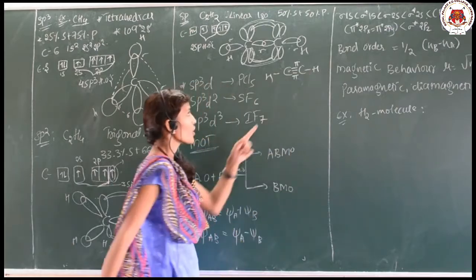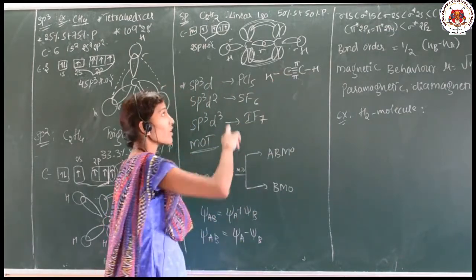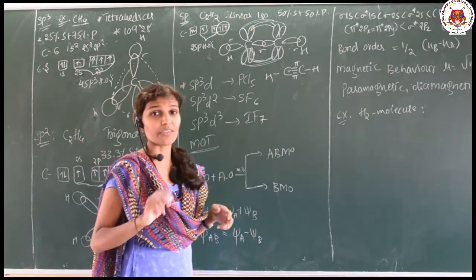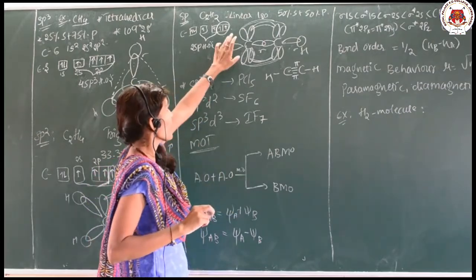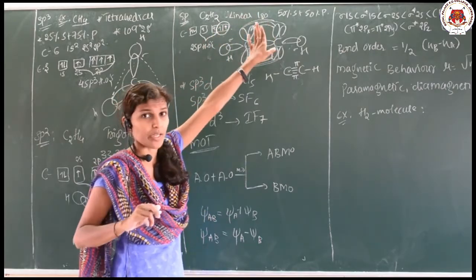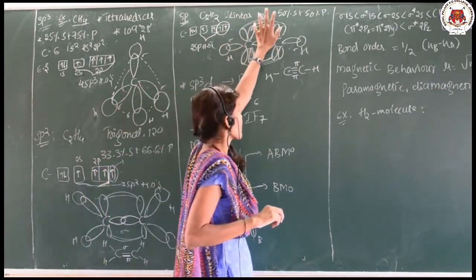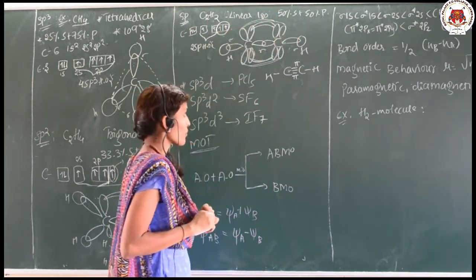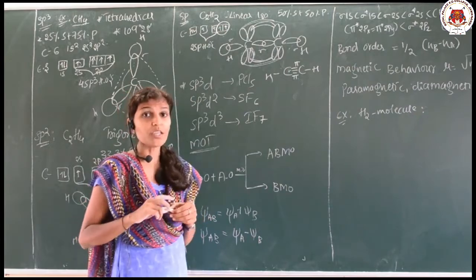So, it carries 2 pi bonds because there are 2 unhybridized p orbitals which overlap sideways. Here it is a linear hybridization, also called diagonal hybridization, having a 180 degree angle, and it carries 50% s character and 50% p character.